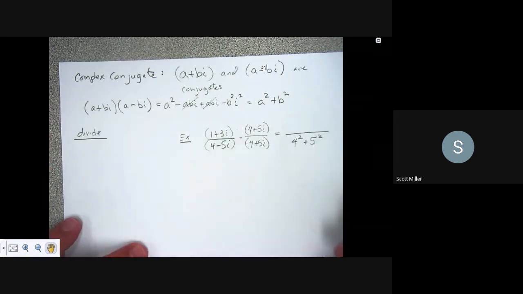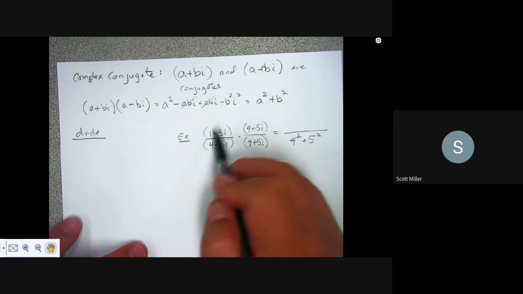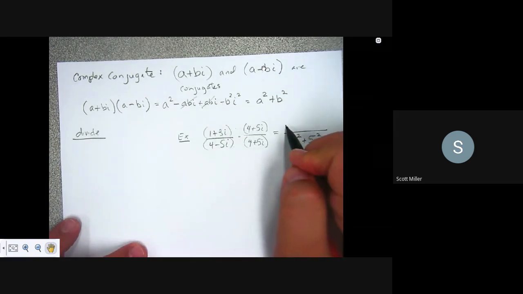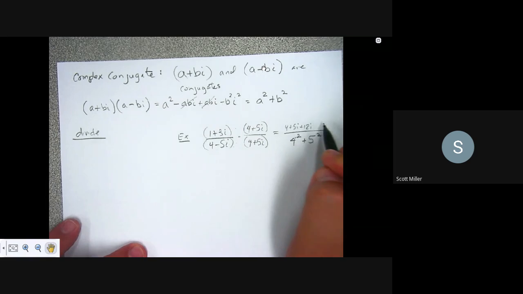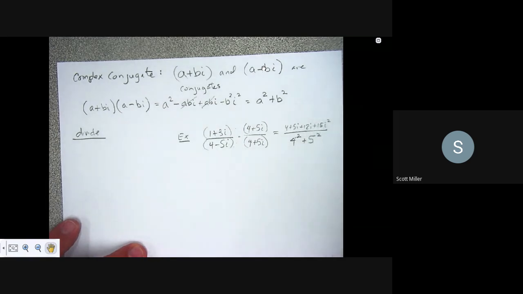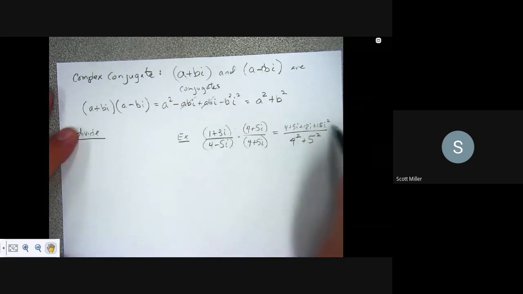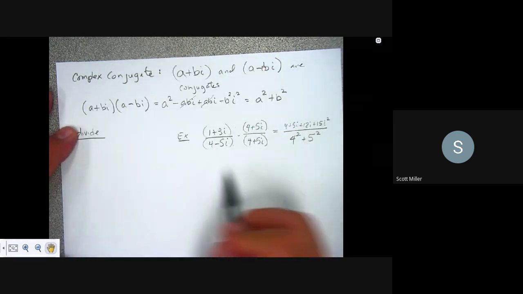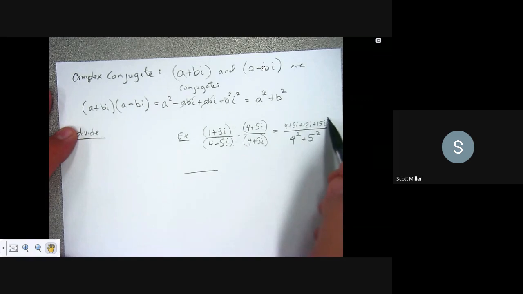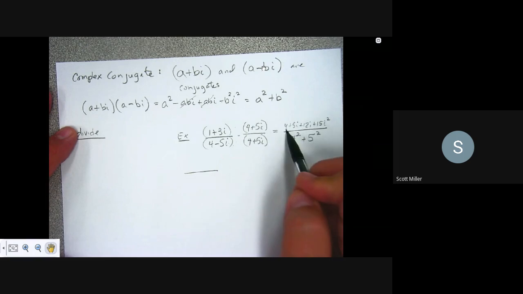The top one, you just got to multiply out. So we got 4 plus 5i plus 12i, and then we have plus 15i squared. Clean up the top, combining like terms. This will be a negative 15 and the 4.